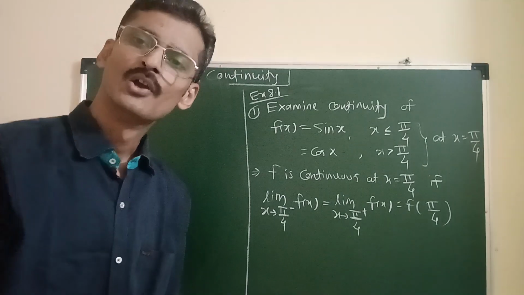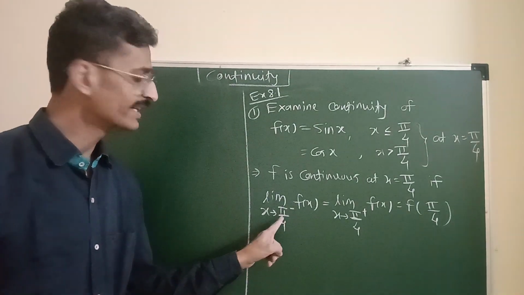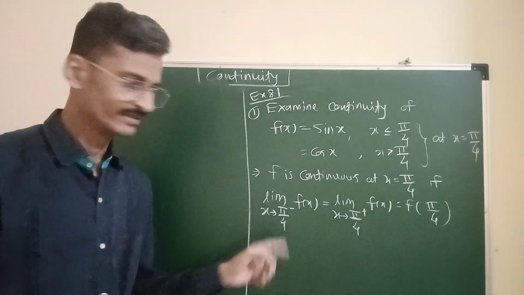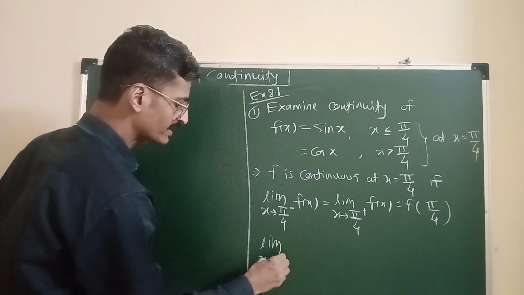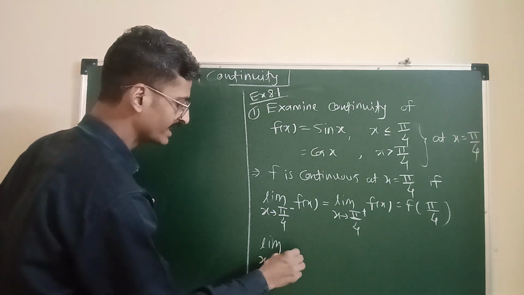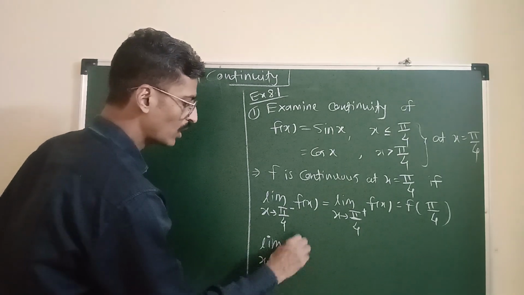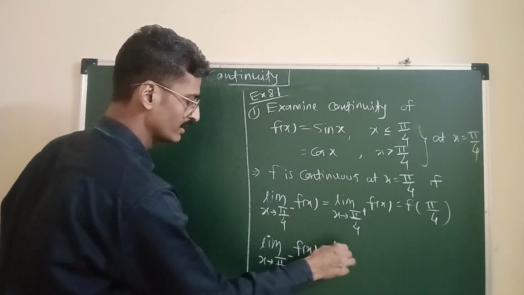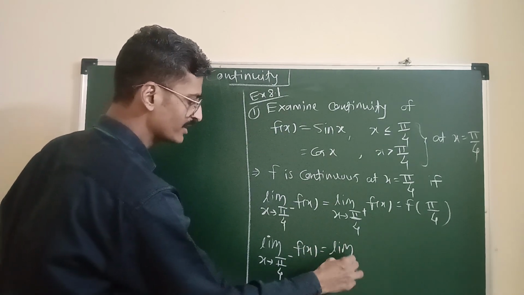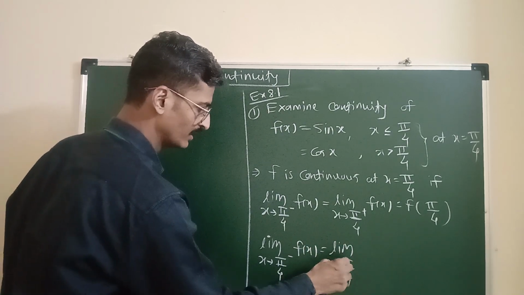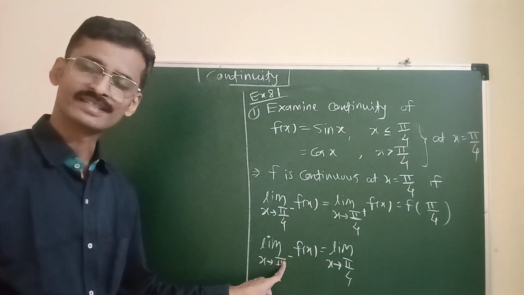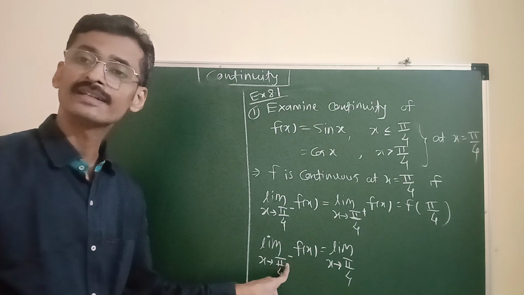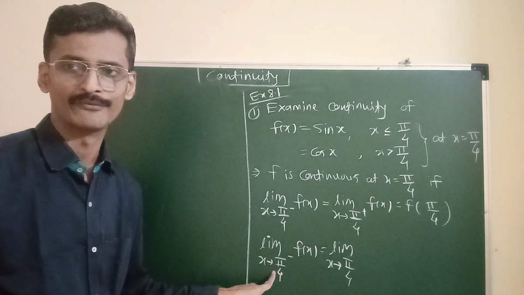Okay, so now let us find the left hand side limit, that is the limit x tends to pi by 4 minus of the function f(x). Now write limit x tends to pi by 4 only. No need to write the minus sign, because from this minus sign we come to know that x is less than pi by 4.